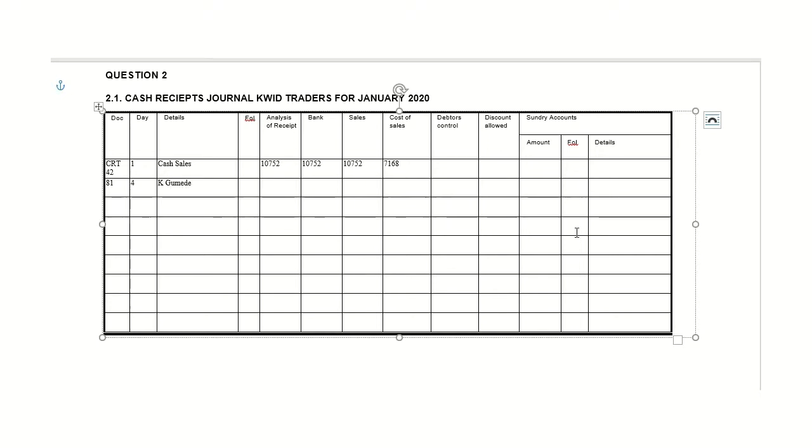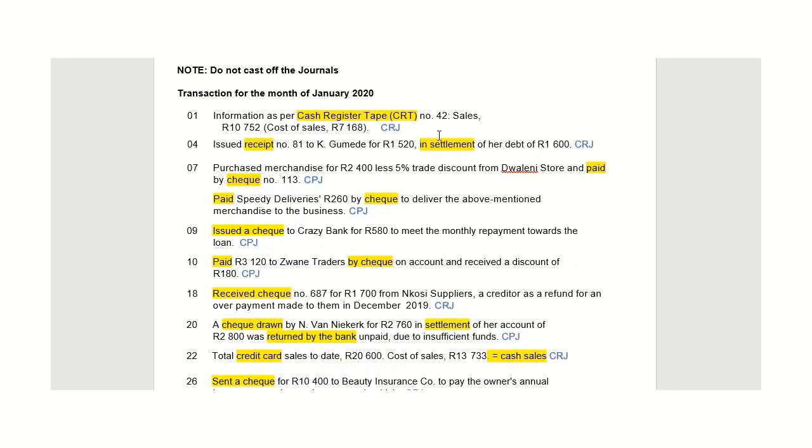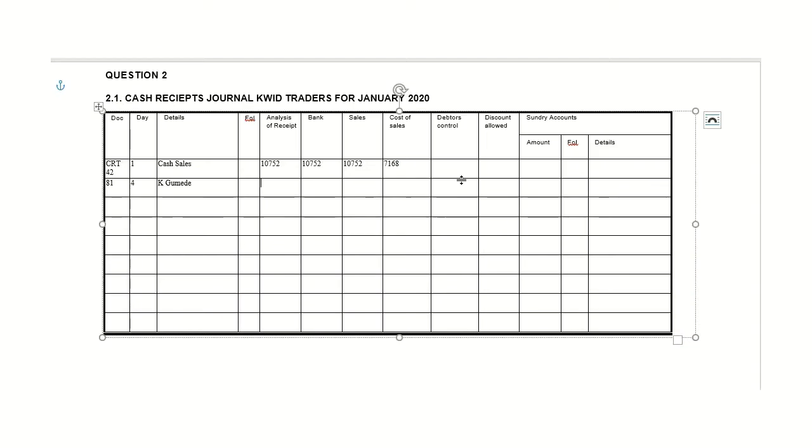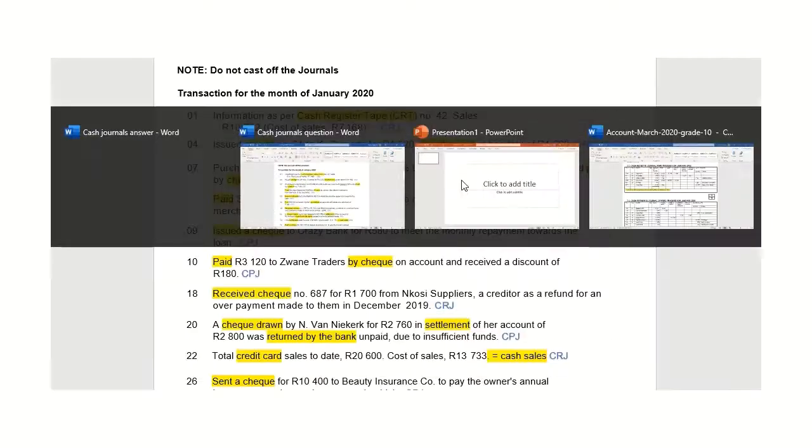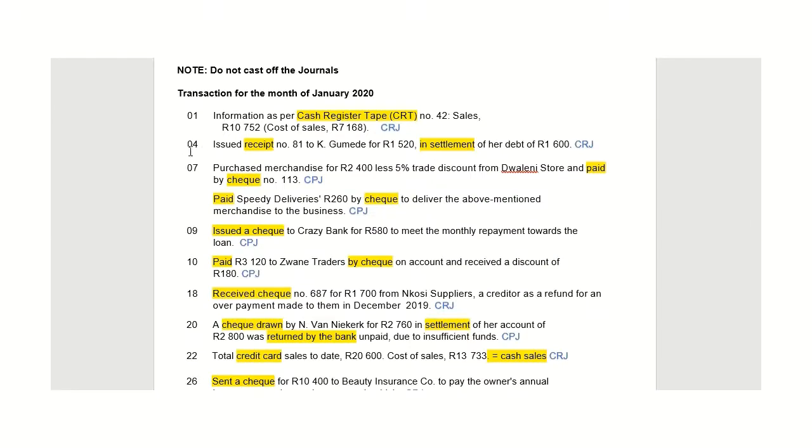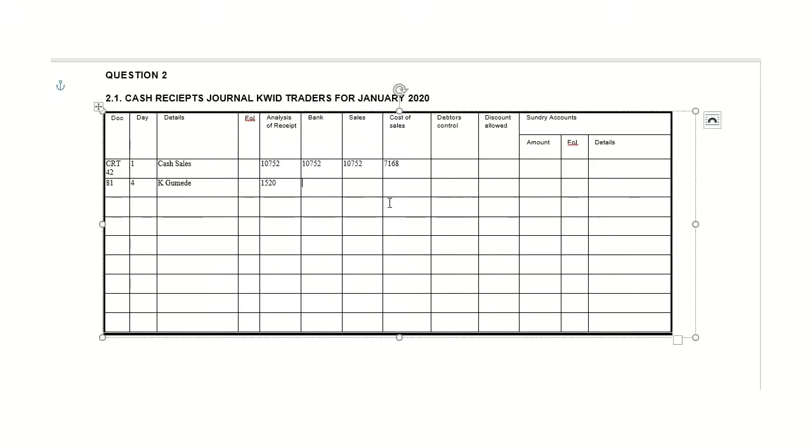And the amount that I receive, not what he owes me, I'm receiving 1,520. That I put under analysis. And look if it's the only one for the 4th. Yes. So it must also go under bank. Everything must be on bank.